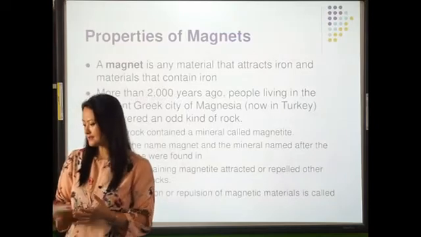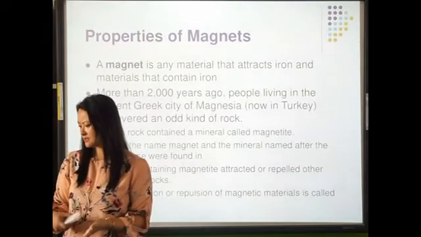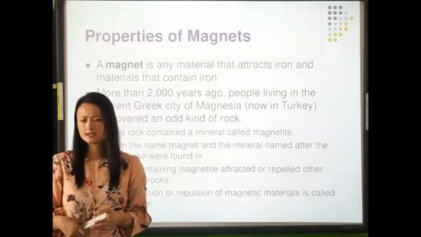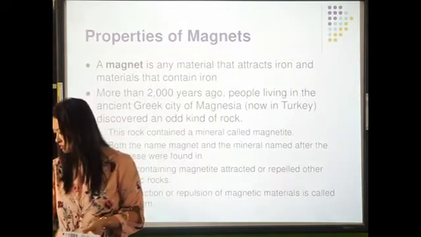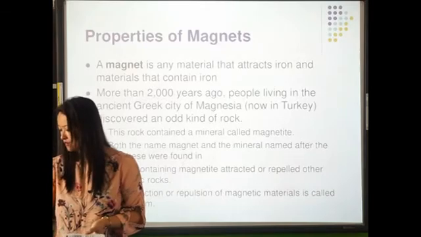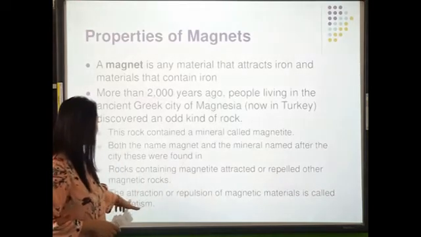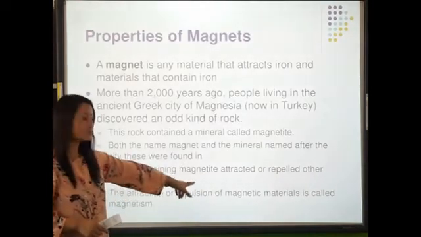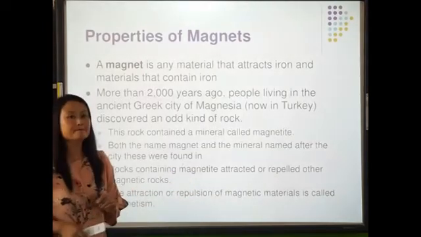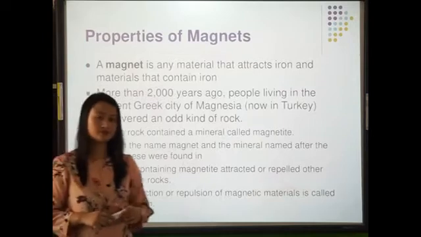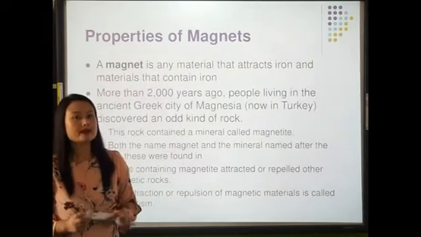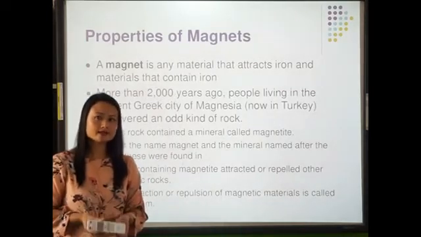This is basically more than a property, it is the history itself, so we're not going to discuss this. We'll just discuss the last part. The attraction or repulsion of magnetic materials is called magnetism.